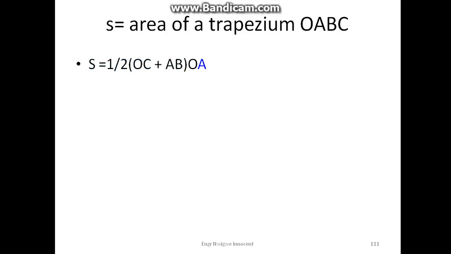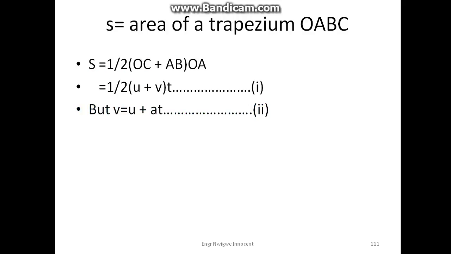So s is equal to half in bracket OC plus AB close bracket times OA, which is equal to half u plus v, all in bracket times t, is equation I. But you know that our final velocity v is equal to initial velocity plus acceleration times time, which is our equation 1, equation II.